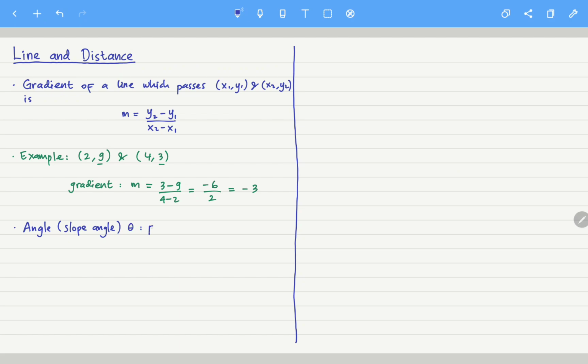It is the angle from the x-axis to the line. And we count it counterclockwise.